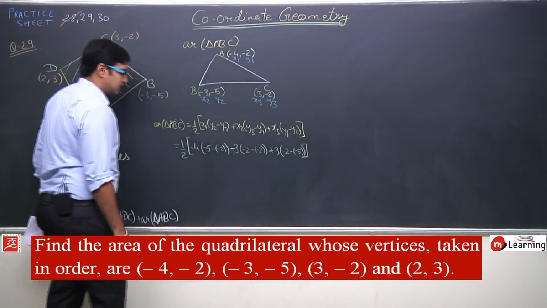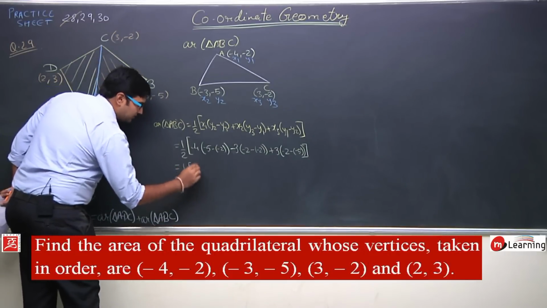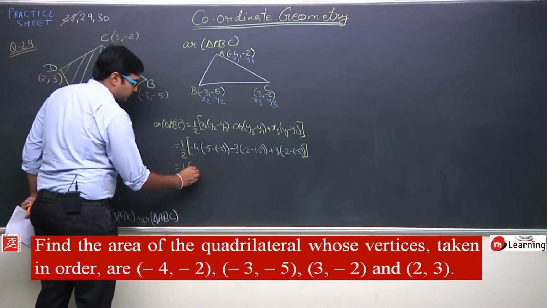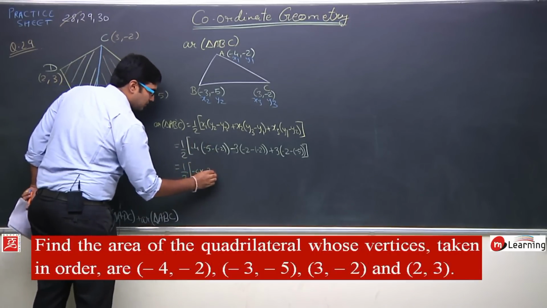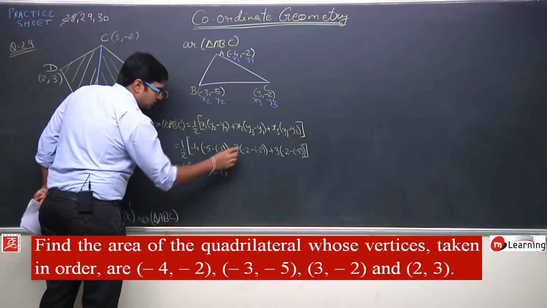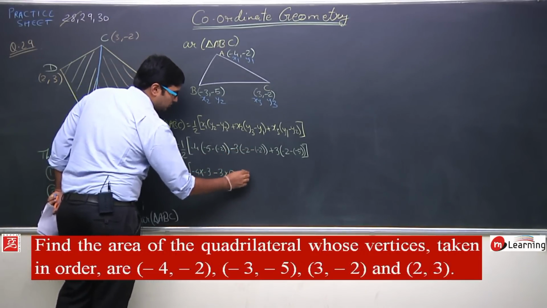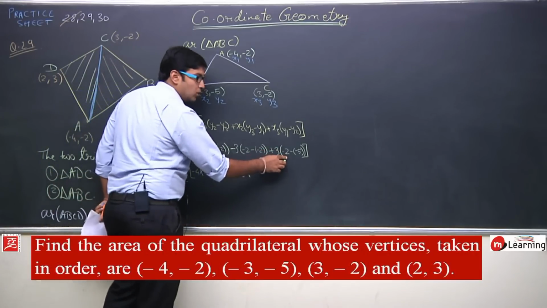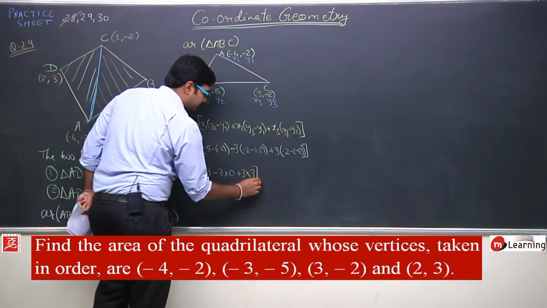So this is the area. Now simplifying this, it will be half of, in brackets, minus 4 into what? Minus 5 plus 2 is minus 3. Minus 3 into, this is minus 2 plus 2, it will become 0. Then plus 3 into, this is minus 2 plus 5, which is plus 3, so it will be 3.